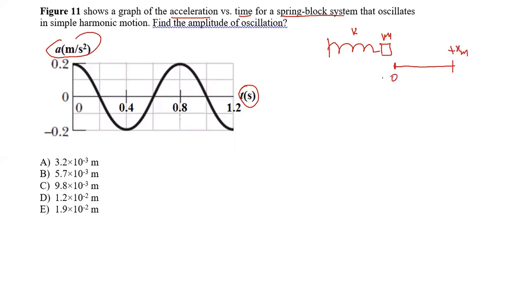This is my relaxed position, and I release it. It will oscillate between minus x max and plus x max, going back and forth. If I don't have friction, it will go back and forth without any loss in energy. Now I gave you the acceleration time graph, and the question is to find the amplitude of oscillation.